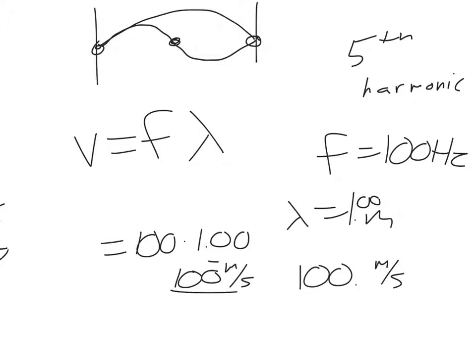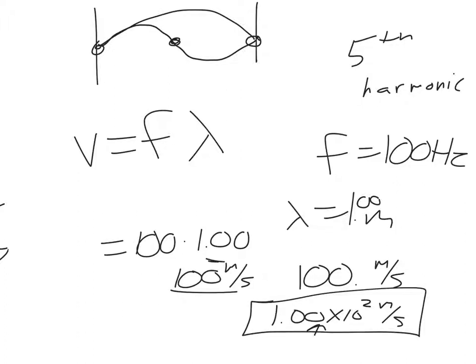That's one way to do it. And the other way is to go 1.00 times 10 squared meters per second. Just put it in scientific notation, and then it's very obvious that that zero is significant. I would say that this is the most correct answer, but it's also the most tedious to write. On a test, you should get credit for this. Moving on.